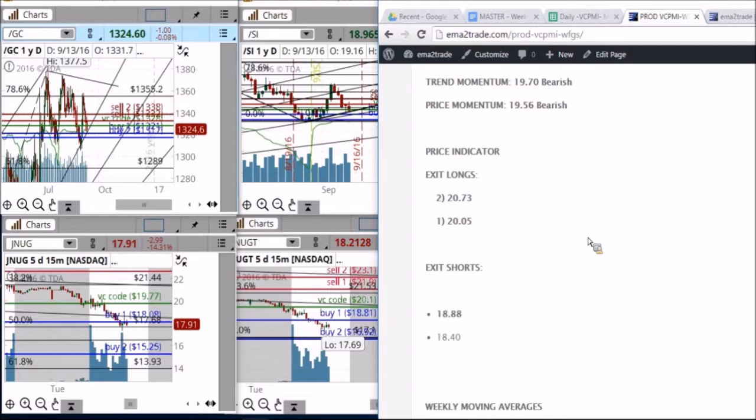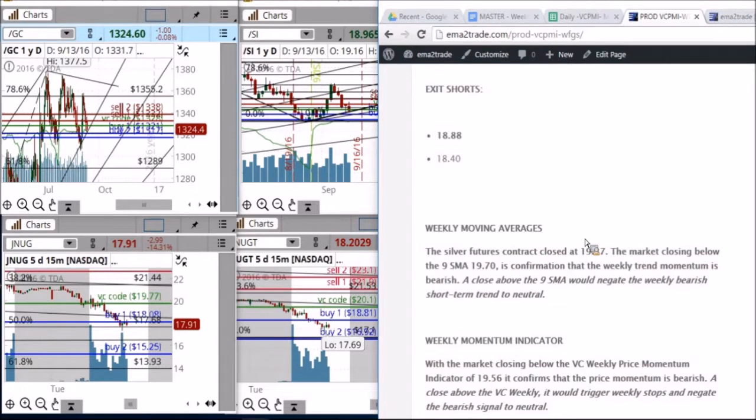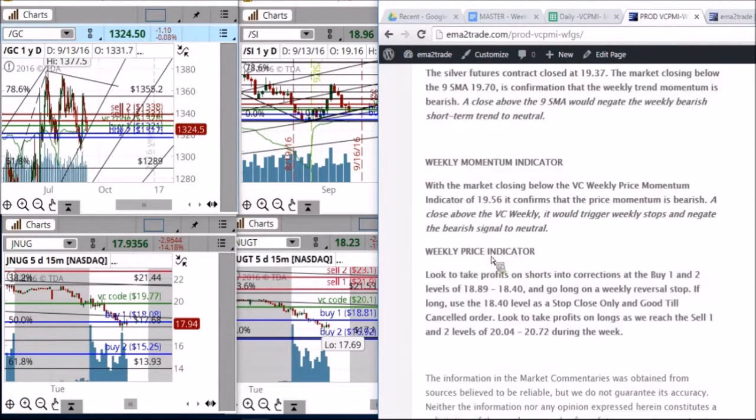indicating to us, as we came into this week, to exit your short positions between 18.88 and 18.40. The silver futures contract closed on Friday at 19.37, and the market closing below the 9-day moving average that we use of 19.70 is confirmation that the weekly trend momentum came in a bit bearish.